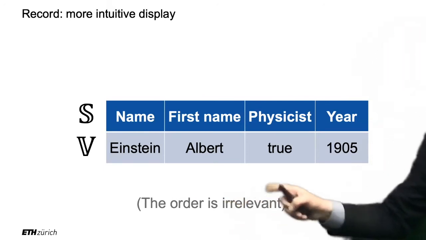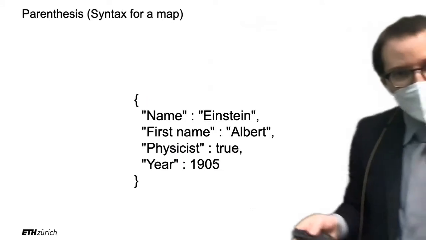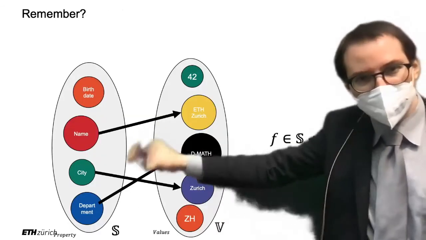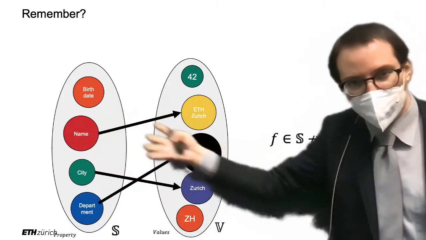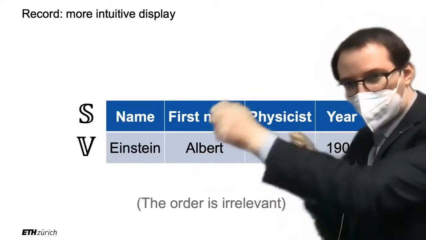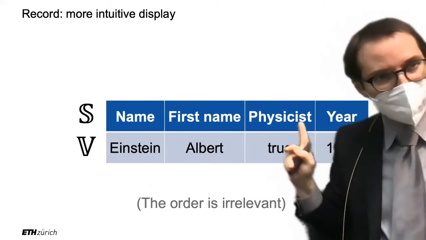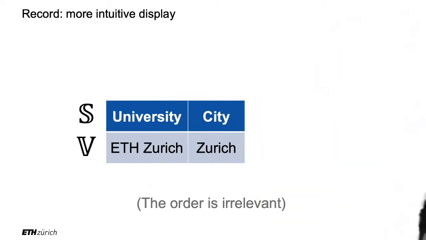Now you see that addresses the question you asked earlier on Zoom. The order here is irrelevant. Why? Because in a map, there is no order in the way we map things, right? There is no order at all. So we could swap the columns, left and right, that would still be the same record, right? So this is much better to define it.